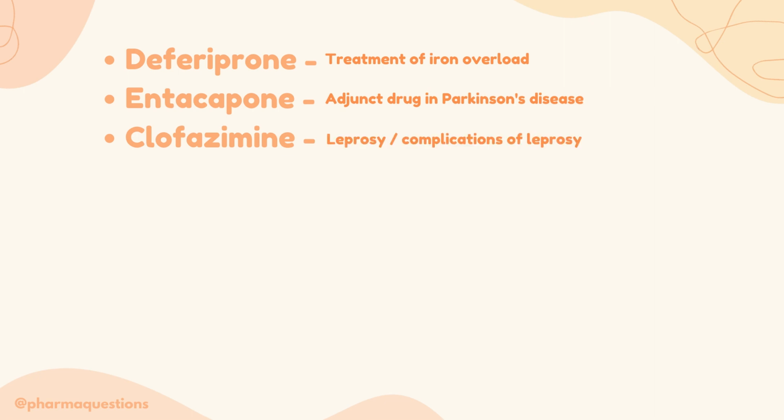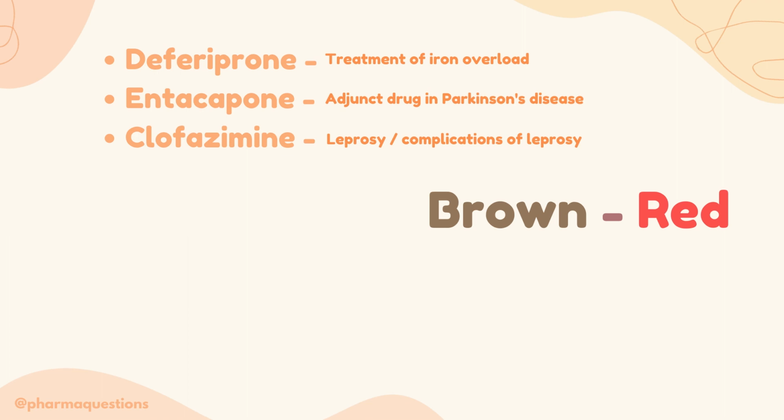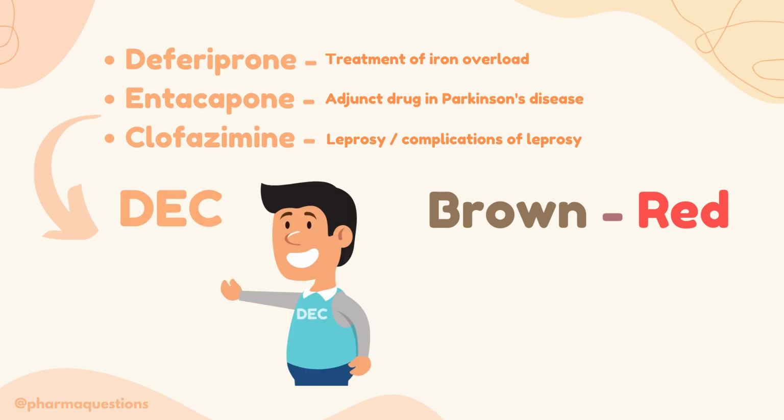These drugs have the potential to cause brown-red urine discoloration, and I'll be sharing a small story on how you can remember this. Taking the first letter of each drug you get the name Dec, and Dec's favourite piece of clothing is his brown and red hat, which he wears all the time. I hope you enjoyed that story.